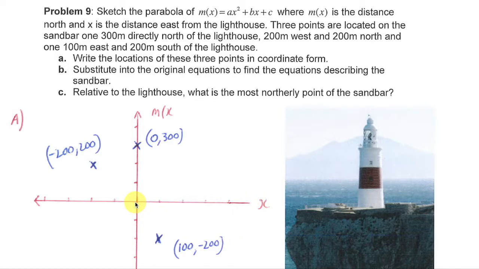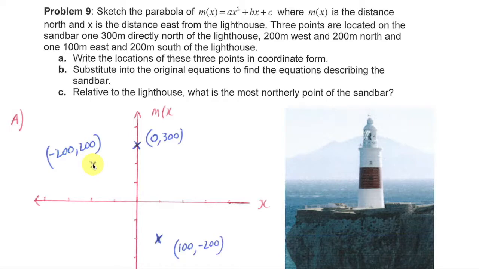We have 3 known locations of the sandbar. We have one which is directly north 300 meters, so that's 0, 300. We have one which is 200 west, 200 north, so -200, 200 up.